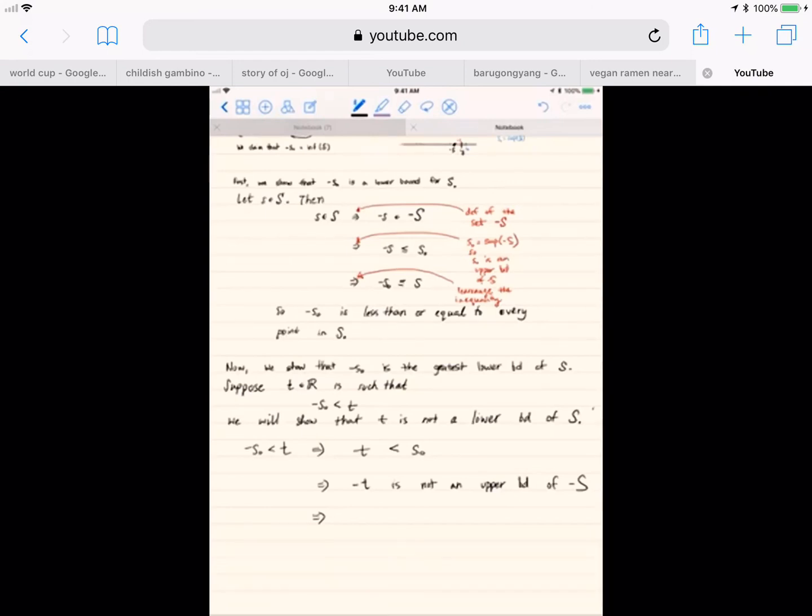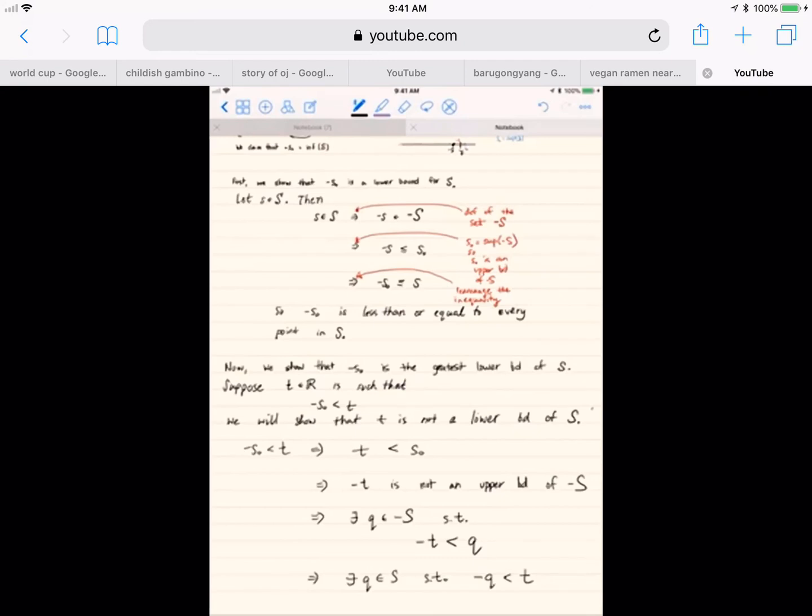And so what does it mean to not be an upper bound? That means that there's a point in negative S that is bigger than negative t. So let's see here.